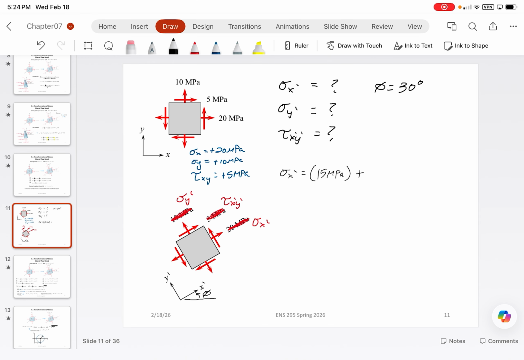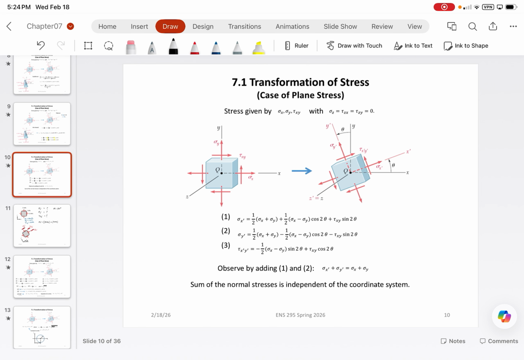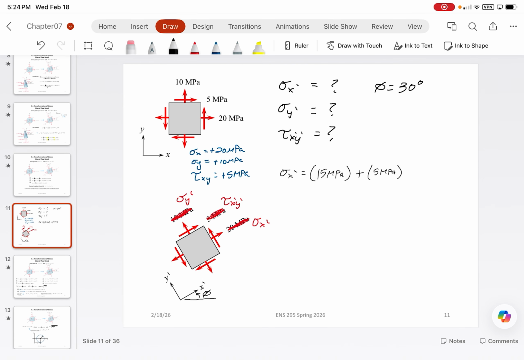Plus sigma x minus sigma y divided by 2, which is going to equal 5 megapascals, times cosine of 2 theta, which is 60 degrees, plus 5 megapascals for the tau xy times sine of 60.